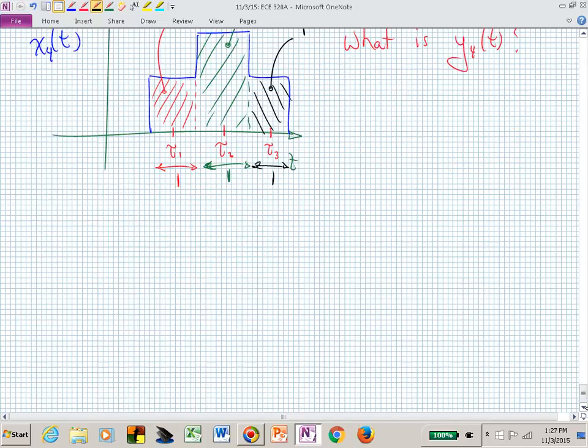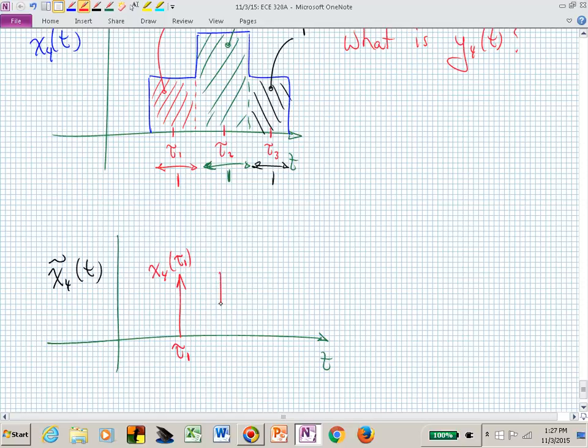If I now say, let me approximate x sub 4, and just say as a function of time now I'm going to approximate my input, that square sort of shape. Let me now create that and say, here at tau 1, this is now x sub 4 at tau 1. At tau 2, that's now x sub 4 at time tau sub 2.